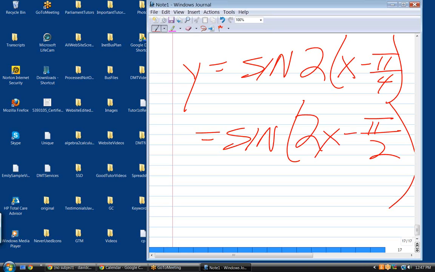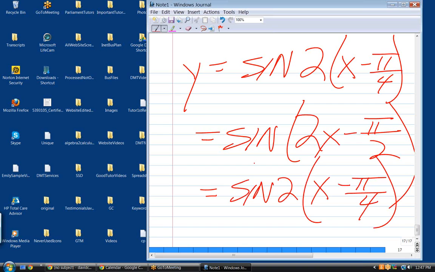All I did to get the second function was take this function and factor a 2 out. What do I get? You get x minus pi over 4, same thing as this one here. So it makes a difference whether the coefficient is inside the parentheses or outside. It doesn't make a difference to the period, but it makes a big difference to the phase shift.